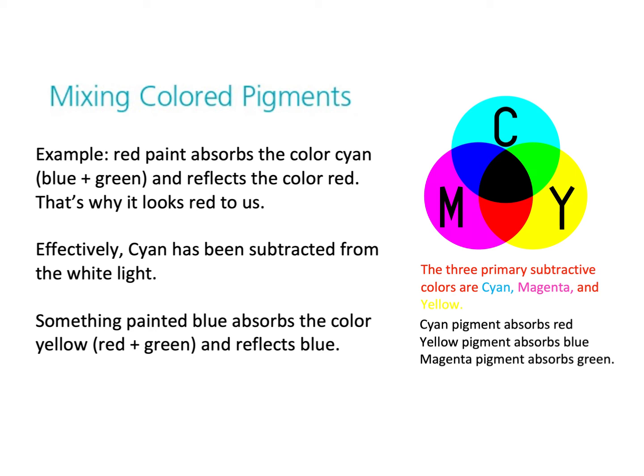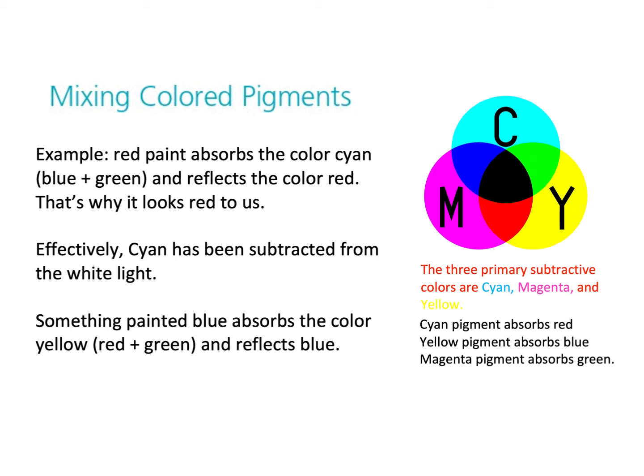Now here we see the same kind of overlapping color scheme to show us how different colors mix together. Now for pigments, as I said previously, our three primary colors are cyan, which is this bluish one here, that's cyan. The pinkish, purplish one is magenta, and then of course the other primary color is yellow.